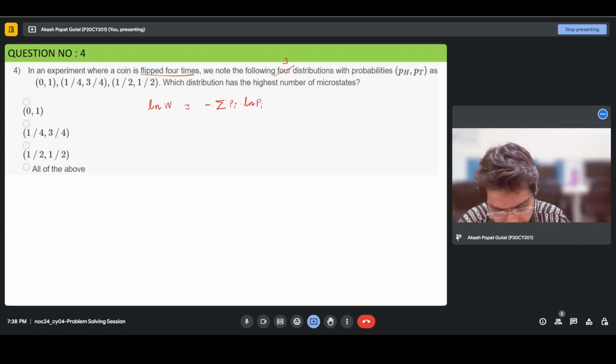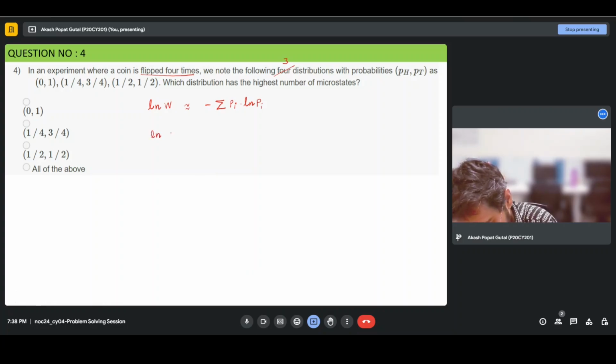Fine. So in the same way we can calculate the natural log of the number of microstates for each system. So let's calculate ln W for this first 0, 1 system. It's nothing but minus the summation: 0 ln 0 plus 1 ln 1.